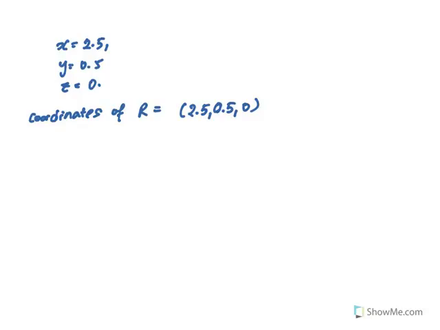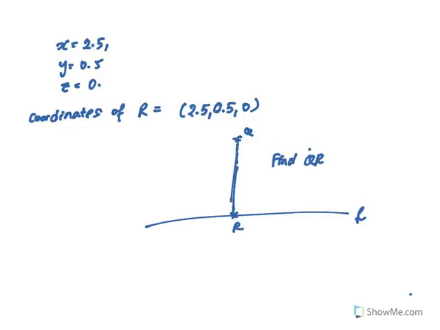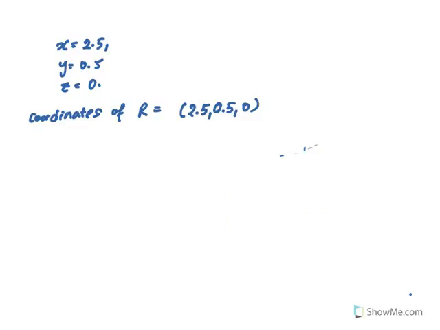Hence, next we need to find the shortest distance from Q to P. Recall, this is Q, this is P, your plane, looking at it from the side. This one is R. So basically, what the question wants you to do is just find the distance QR. How do we find the distance QR? Very easy. We first find the direction vector of QR, which is OR minus OQ.